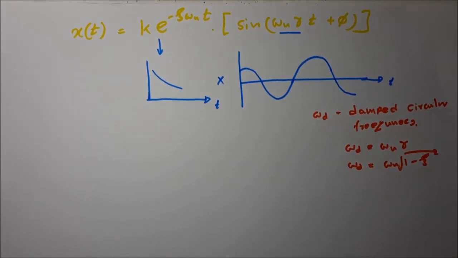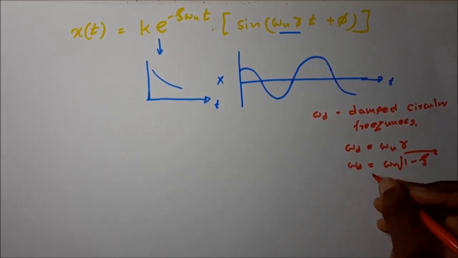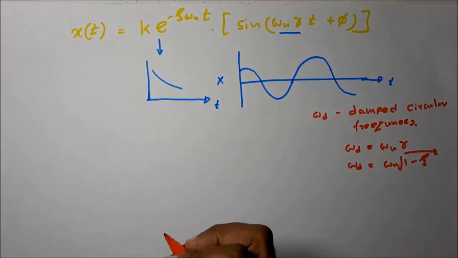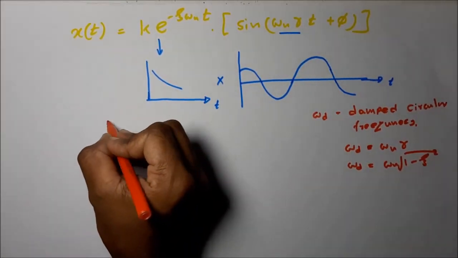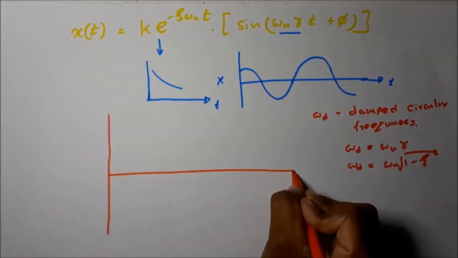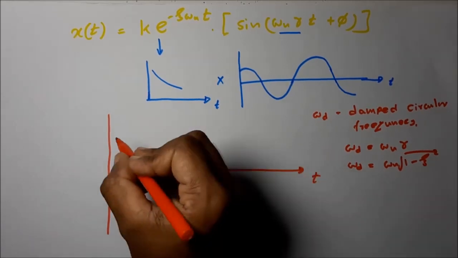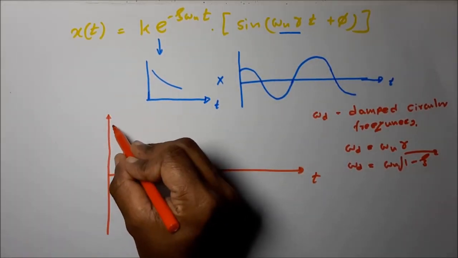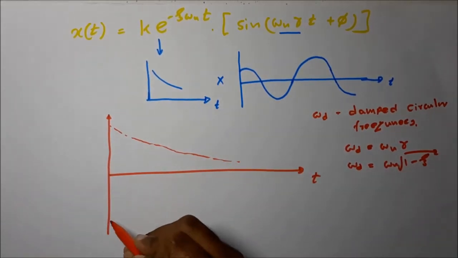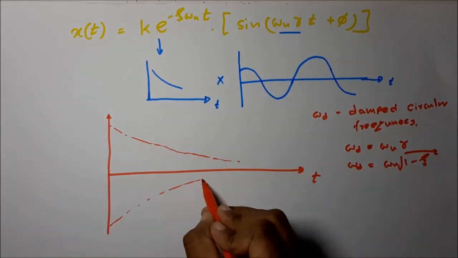Then how can we represent the multiplication of these two terms graphically?